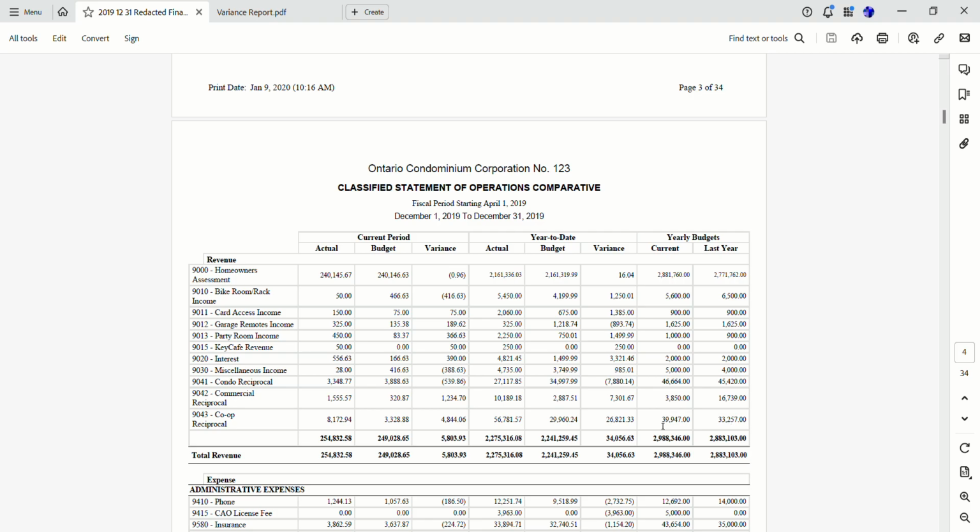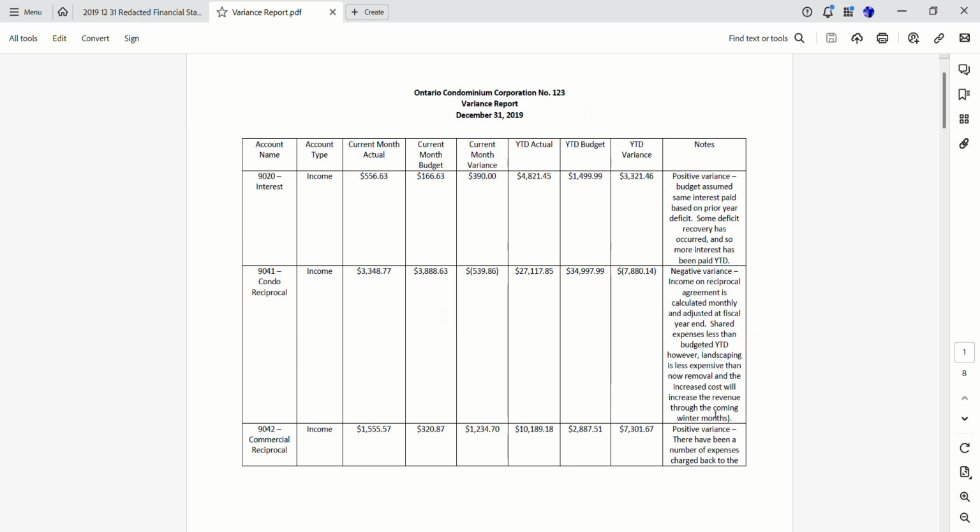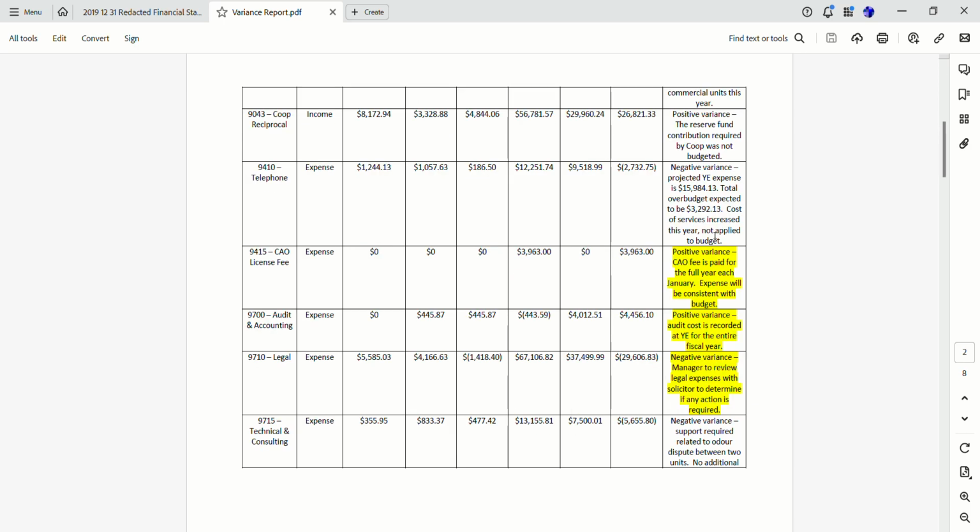Here I already attached the variance report to the documents I sent to all the board members. It's similar to this one, but adds notes at the end of this table, giving you an explanation for why this variance exists, or any reasons behind it.